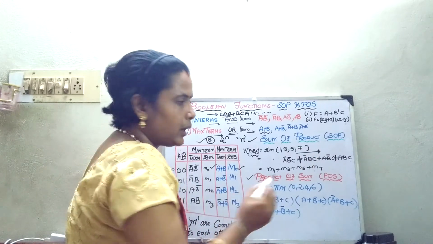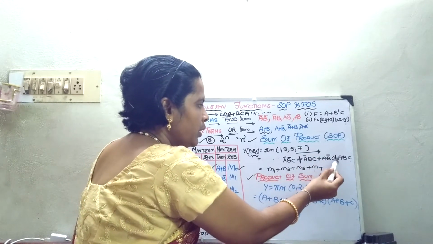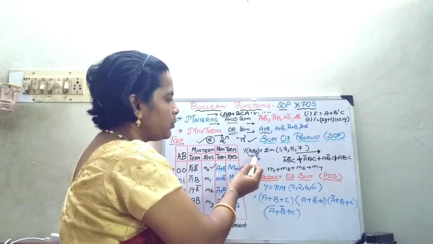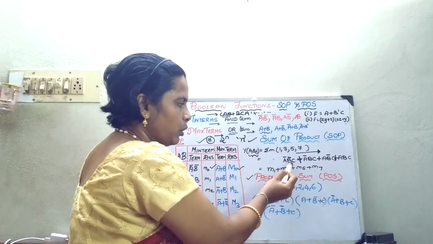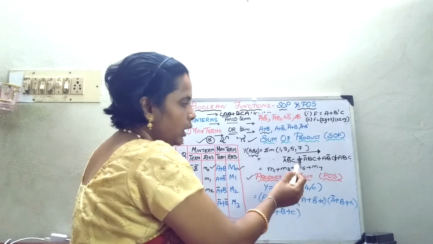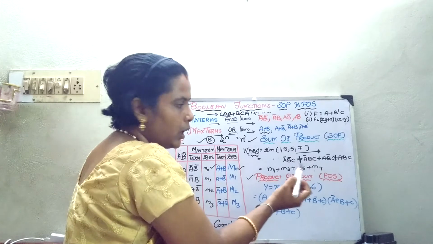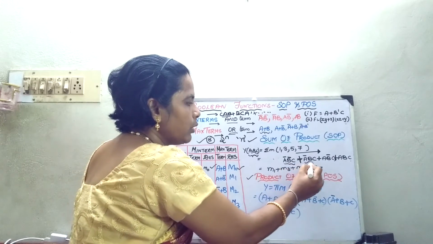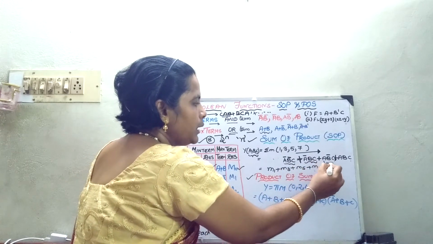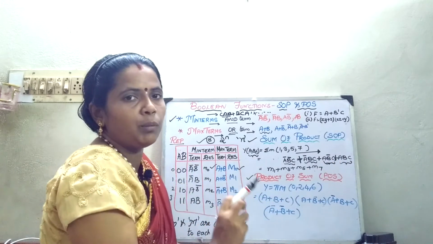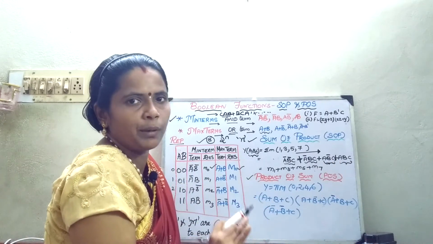What does it indicate now? Sum of various product terms. You have the 3 variables, so just write these 3 variables generally first. What does it indicate now? Each one is going to represent your min term. Min terms are nothing but your AND terms, which will have the variable in both normal form and complemented form.